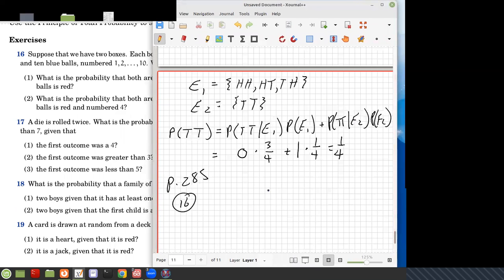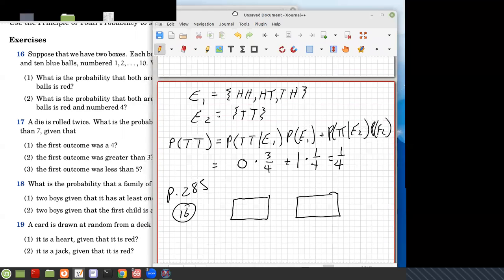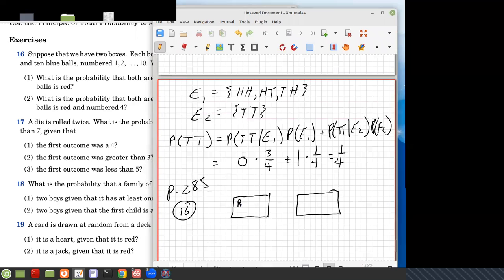So we have 2 boxes, and we have R1 up to R10 and B1 to B10, and over here R1 to R10 and B1 to B10. So they're identical boxes, and each has 10 red balls, each has 10 blue balls, and they're all numbered.